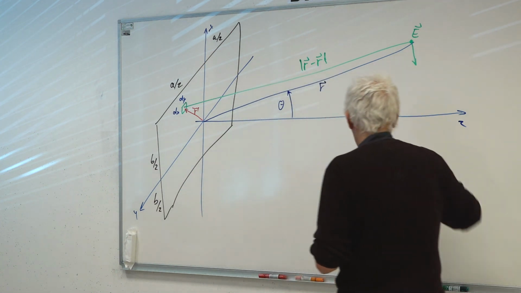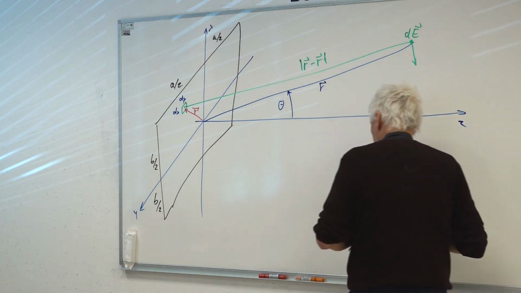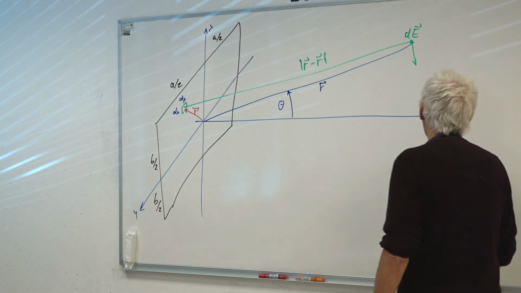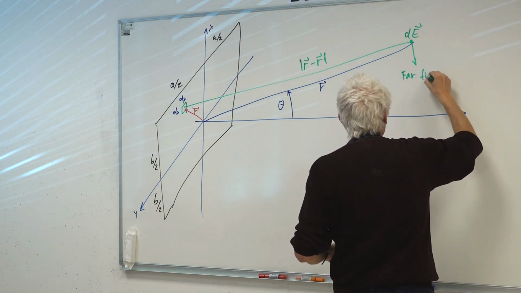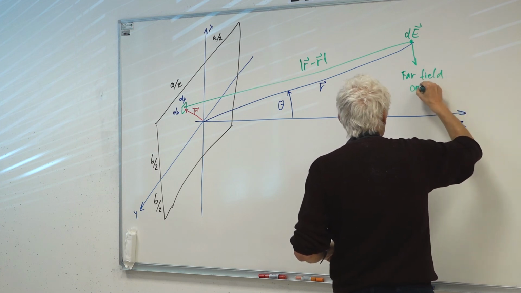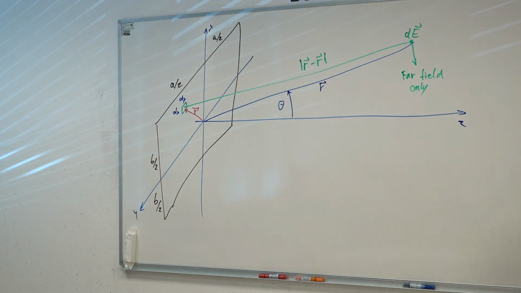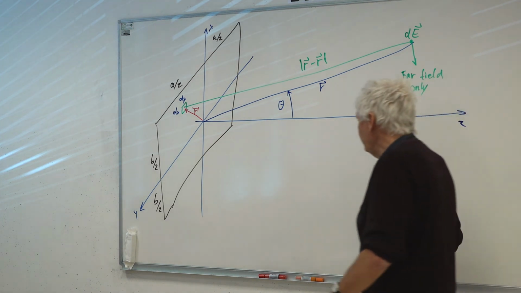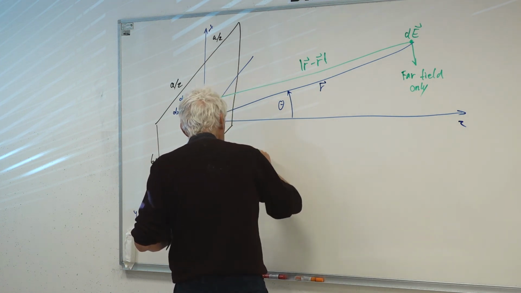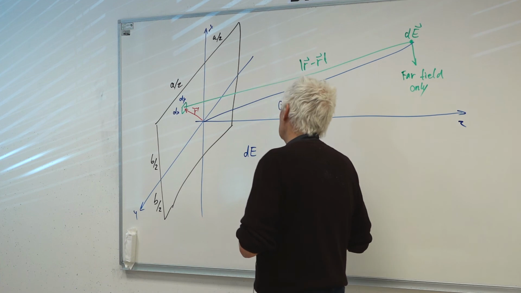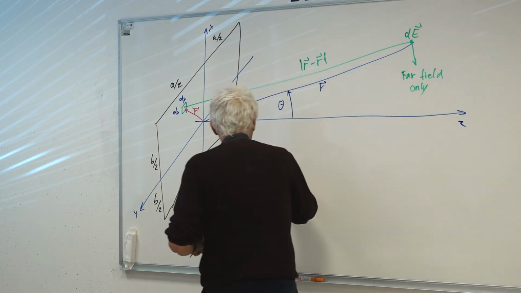So my dE here, what is it going to look like? First, I said I'm only interested in the far field. No near field, because near field is complicated and it's useless. So for the far field, how can I write this dE? I'm going to write dE without the vector sign, so I need not deal with polarization. It's the same for all polarizations.